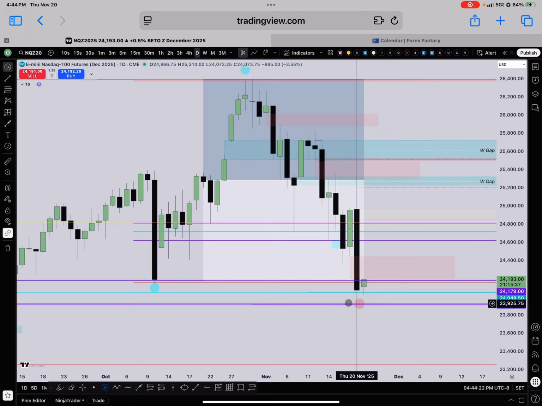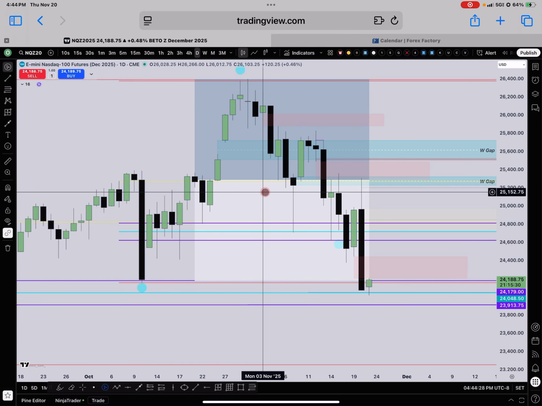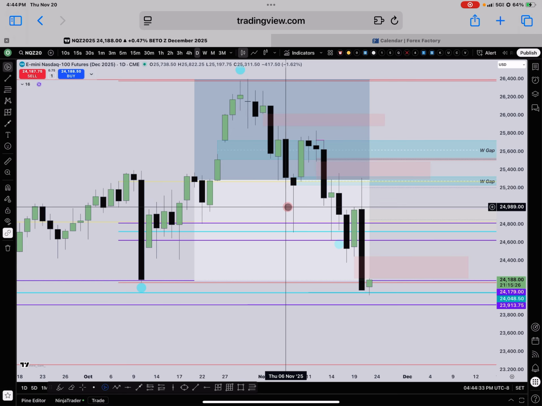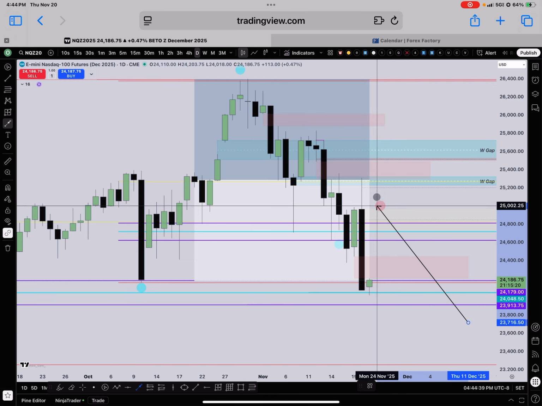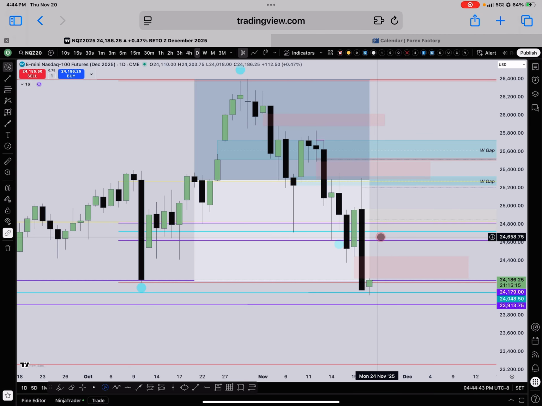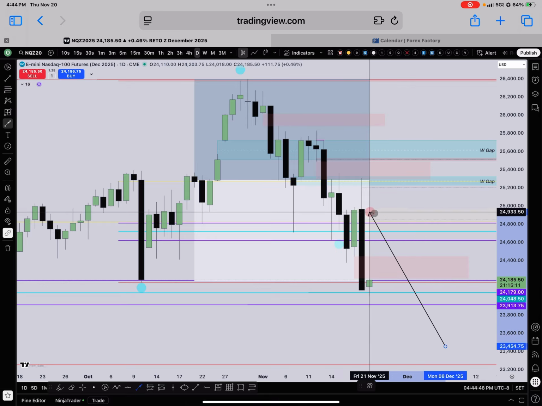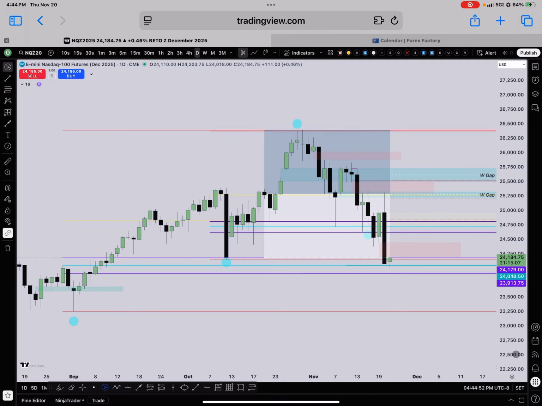I knew that once we went higher and did not fill the daily gap of Thursday, I was ready for shorts. I made some entries up here on the wick, and the target was the gap, which was around here, the daily gap here.